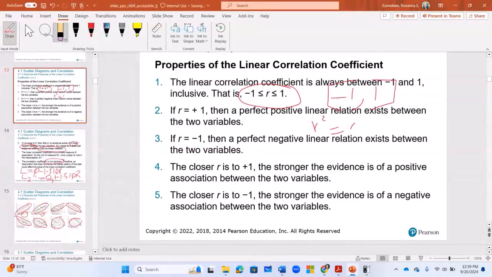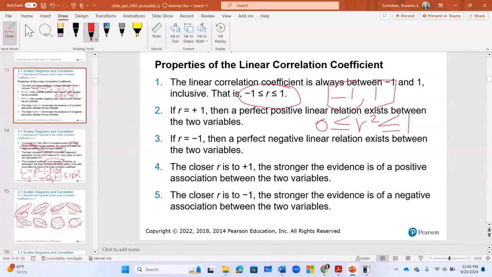So I can also write R squared in interval notation. I can say 0 is less than or equal to R squared is less than or equal to 1. So the coefficient of determination can be 0, can be 1. It cannot be negative. Of course, you know why? Because if you square R, anything you square cannot be negative.